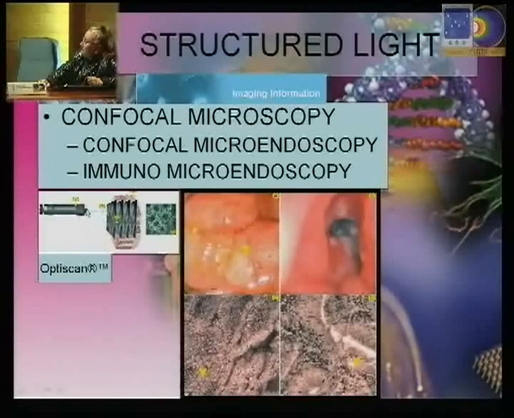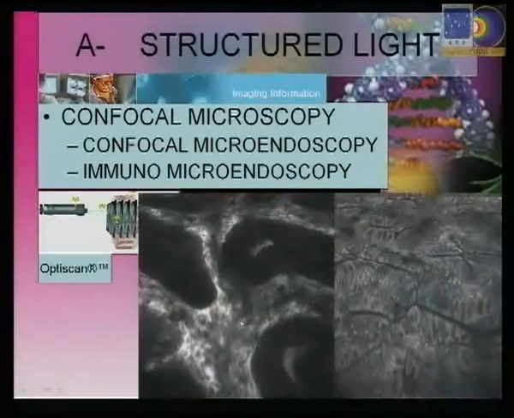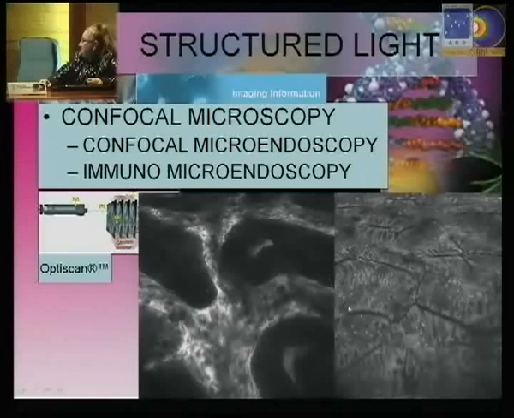The confocal microscopy has a very low penetration, therefore the ideal tissue is tissue which is more or less transparent, not very thick, so you can see not only the surface, but what is underneath, as is the case of the gastrointestinal tract. Here are two images of the confocal microscopy. One is malignant, the left one, and one is hyperplastic and benign, which is the right one.